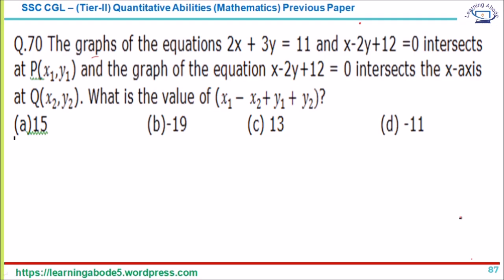Now this equation here, we can write 2x minus 2y plus 12 equal to 0. To make it convenient to solve, we can write 2x minus 4y equal to minus 24. Let me call this equation 1 and let this be my equation 2.